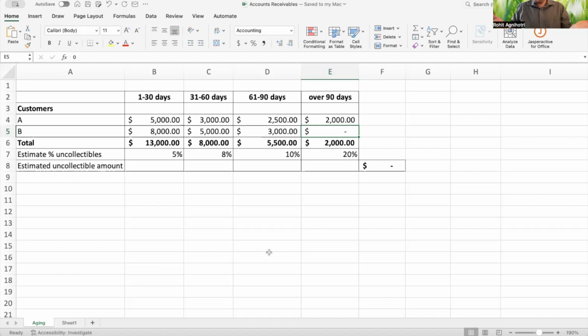There could be many different reasons. Maybe they don't agree with this amount. Maybe they say, well, you know what, we don't owe you $2,000. What are you talking about? This could happen for many different reasons. One of the reasons is you don't have proper documentation. You have the invoice, but you don't have any backup of that particular business.